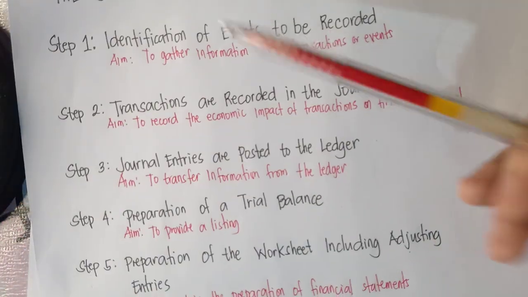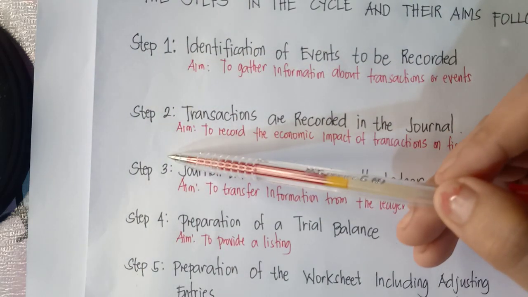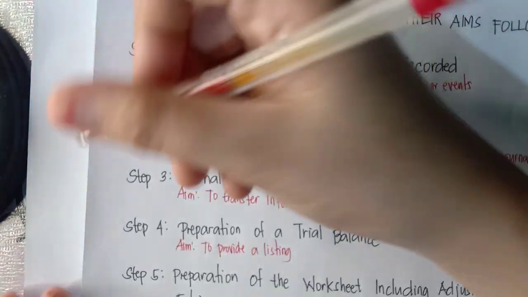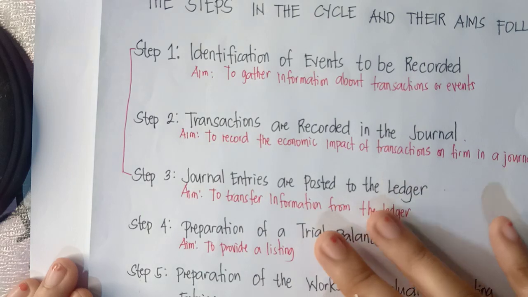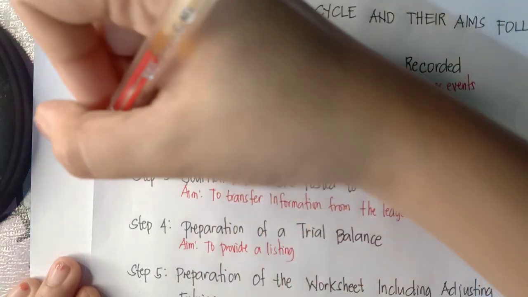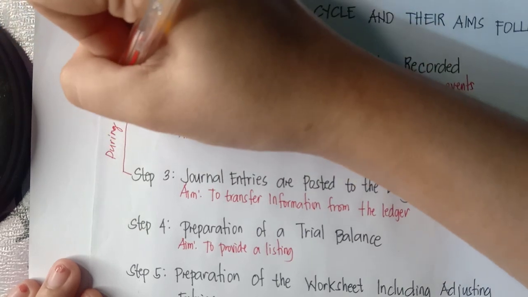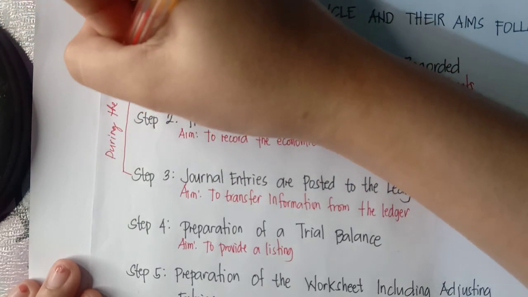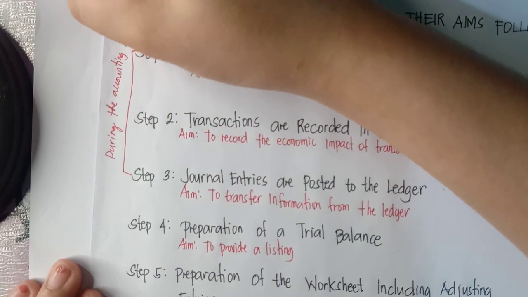So here, the first 3 steps, step 1, step 2, and step 3, are accomplished during the accounting period. Ito ha, step 1 and 2, step 3, during the accounting period.